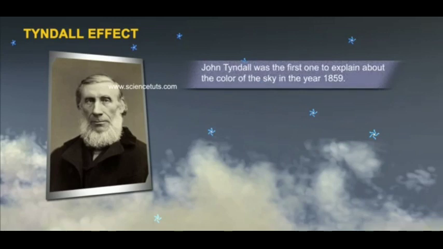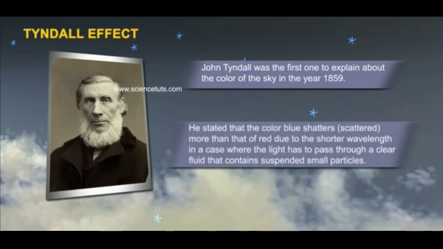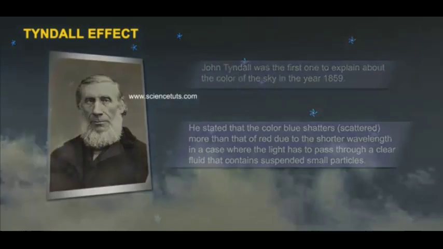Tyndall effect. John Tyndall was the first one to explain the color of the sky, in the year 1859. He stated that blue is scattered more than red due to its shorter wavelength, in a case where the light has to pass through a clear fluid that contains suspended small particles.